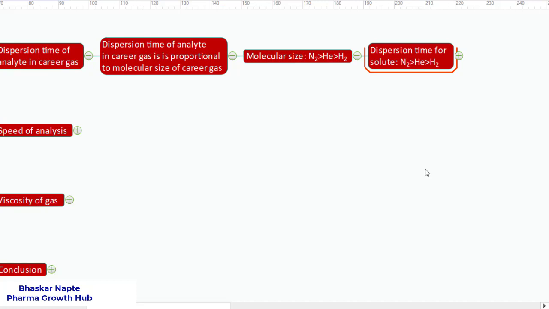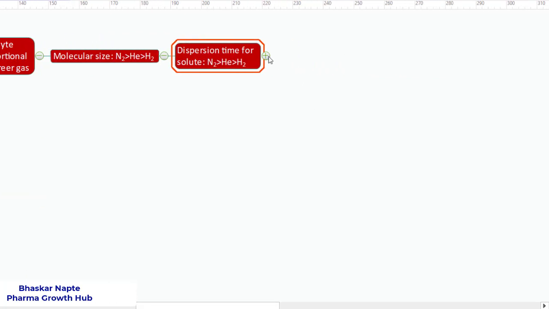Or in other words, the analyte will take the least amount of time for dispersion if the carrier gas is hydrogen. Similarly, the analyte will take more time for dispersion if nitrogen is the carrier gas. But what happens if the dispersion time is higher?